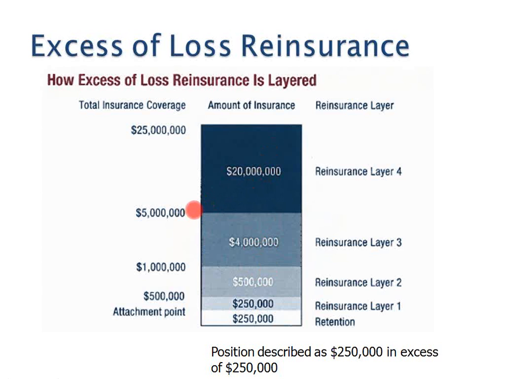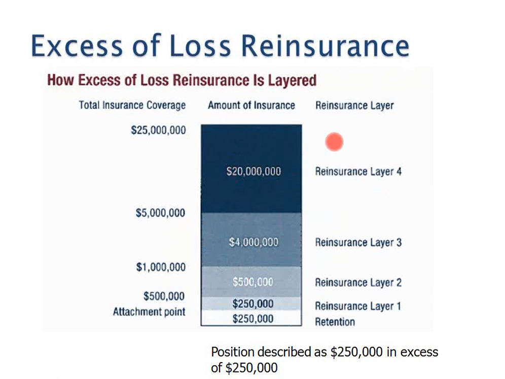So the capacity right here is $5 million, and this goes up to 25. So I'm buying a $20 million layer. This is what 20 excess of 5 is: if a claim finally gets up to $5 million, this third reinsurance party is going to finally pay out.